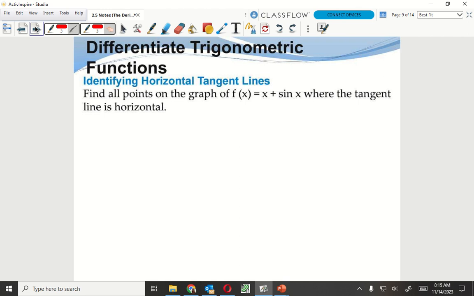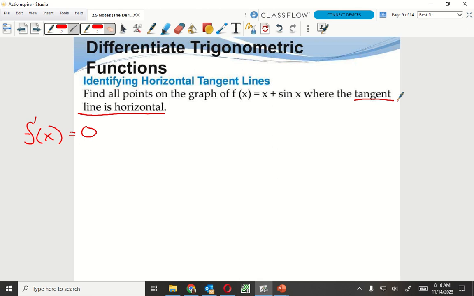So the slope of a horizontal line is going to be 0. So I know that I'm going to have that f prime of whatever x has to equal 0 somewhere, right? That's important. So tangent line is horizontal. That's what that means.